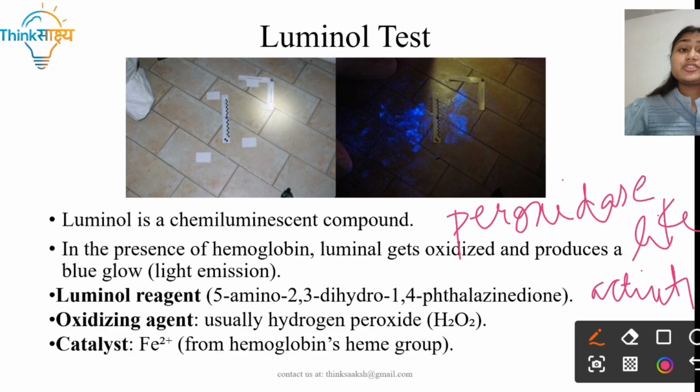Then hydrogen peroxide breaks down, and further oxidizes the test reagent, such as in this test, luminol reagent. Hydrogen peroxide will oxidize the luminol reagent and it will show us the bluish glowing color, as we can see in the image.